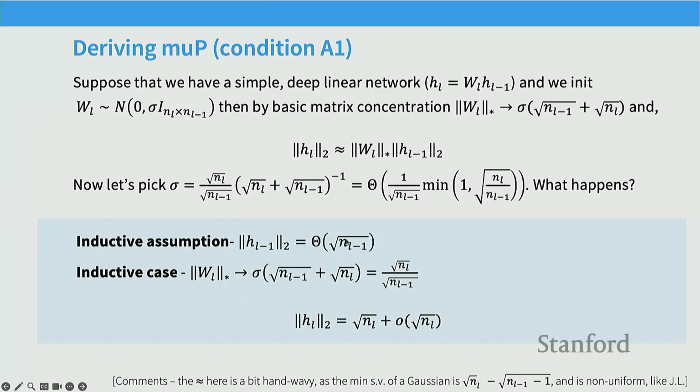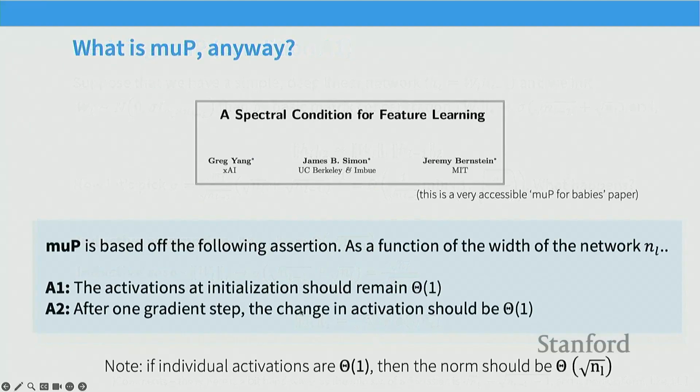I plug square root of n_{l-1} into this component, into the W_l operator norm I plug in the limit, and for sigma I plug in this expression over here. You see that this inverse cancels this, and you get exactly that the L2 norm of h_l is equal to square root of n_l. This is the thing we wanted, because before, remember, we said we want to make sure the activations remain Big Theta of 1, which means the norm should be square root of n_l.